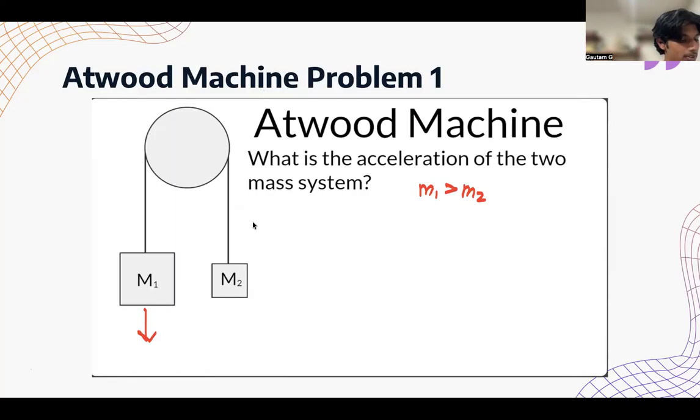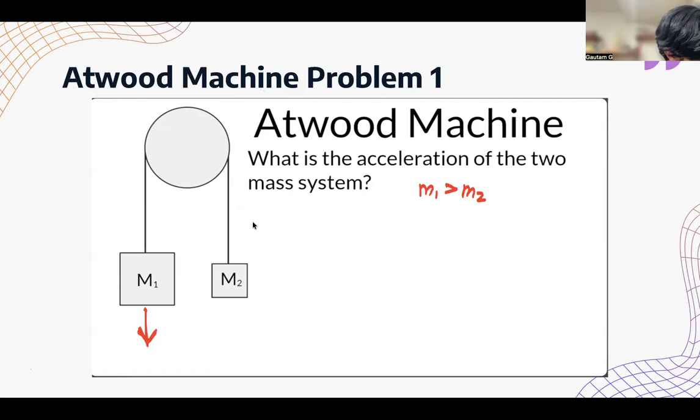So if mass one is bigger than mass two, we can automatically assume that this is gonna be going downwards, right? Remember we talked about how if this is going downwards, let's keep it like this actually.